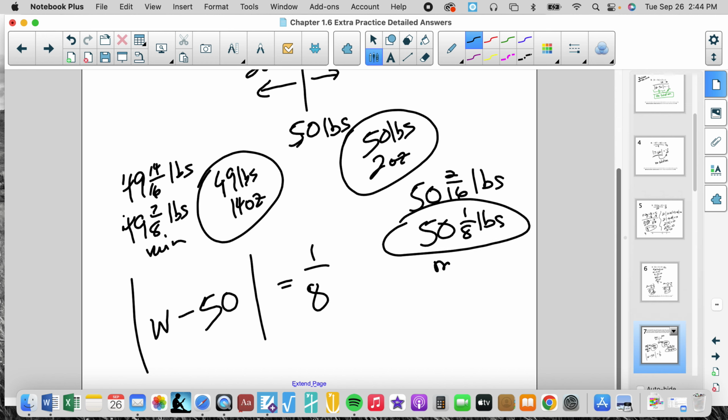So that's going to be my max weight. Okay, and this is the weight, and then it would tell you what the acceptable variance between those would be.